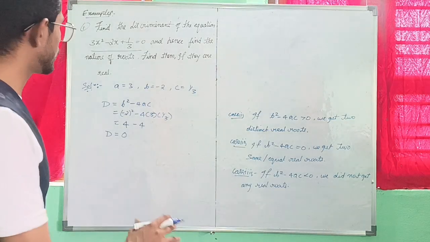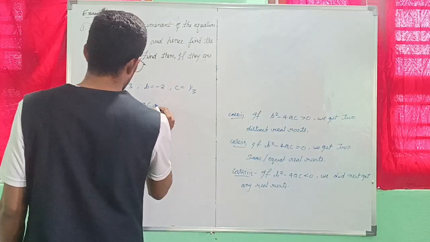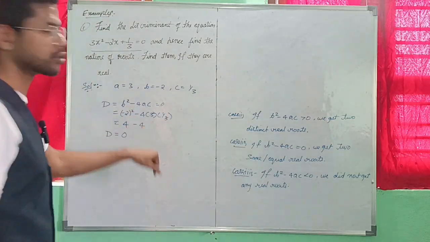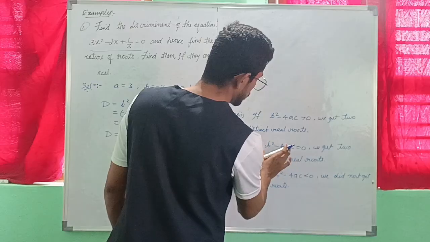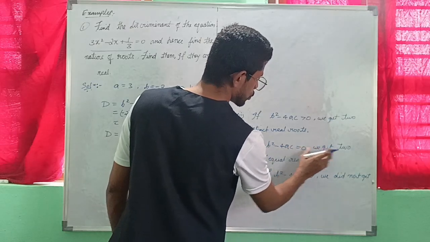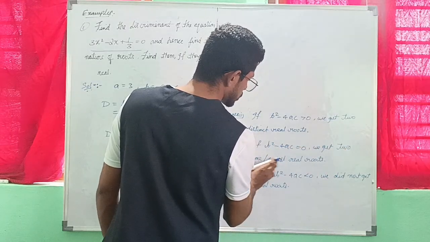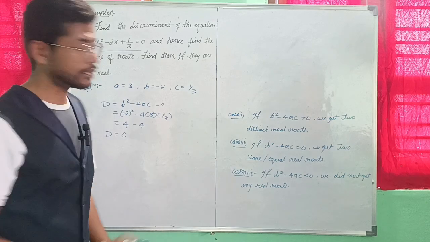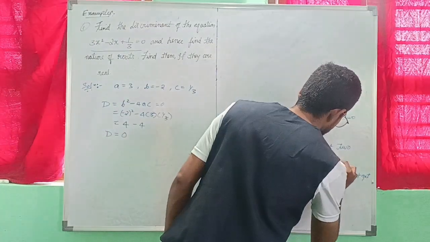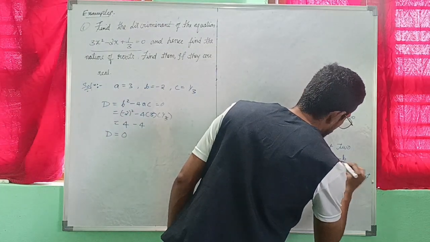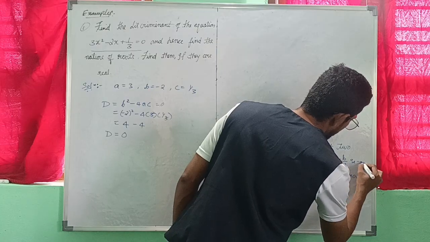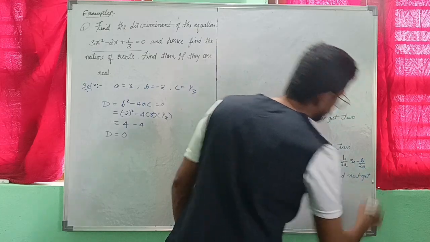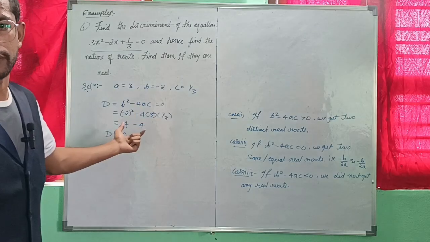So when the discriminant b square minus 4ac is equal to 0, we get two same or equal roots, that is minus b divided by 2a and minus b divided by 2a. Okay, I already explained this.